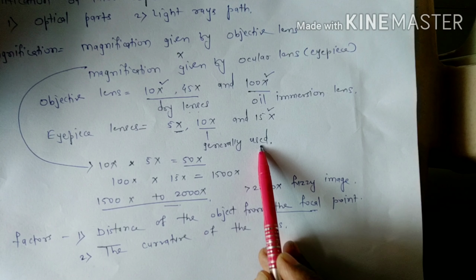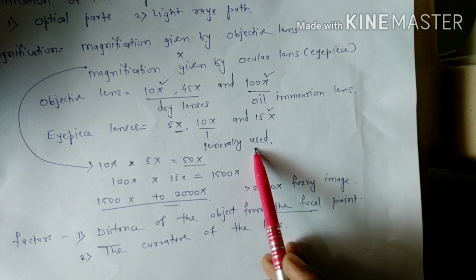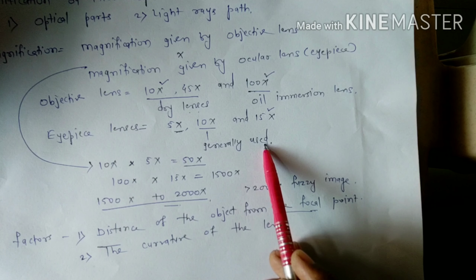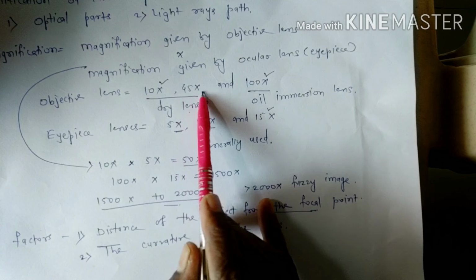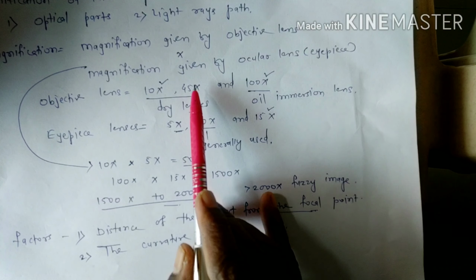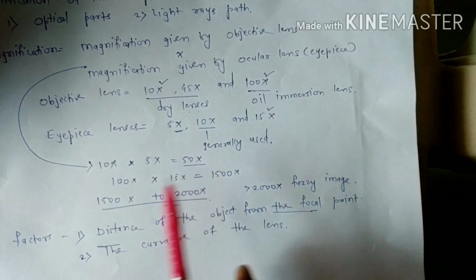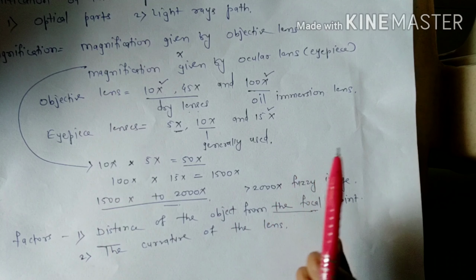We see the magnification by putting different values of eyepiece lenses, or we can calculate the magnification by putting the magnification of the objective lens and the magnification of the eyepiece lens.